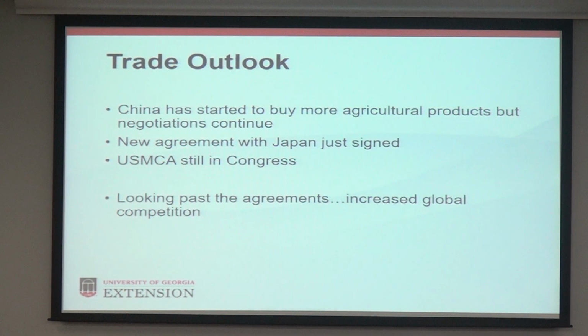The other factor to consider is increased global competition. Farmers in other countries have been changing their production practices in response to these trade disputes. In particular, you look at some of the crops that have been planted and the amount that's been planted in South America, additional production, and again, that changes the dynamics and longer term creates increased competition.